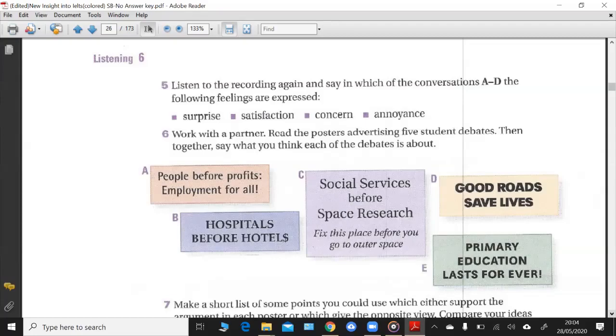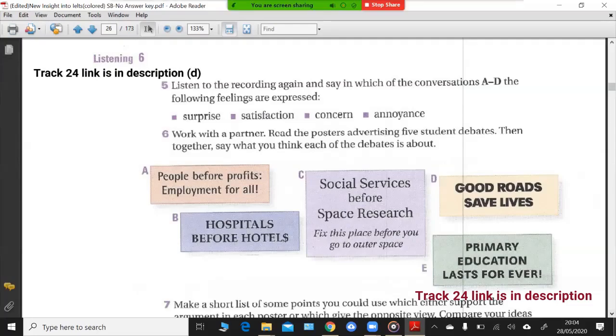Okay, we cannot see the person. Now you will all understand through your listening, right? So just put A or B or C or D. Okay, I'll play the listening.